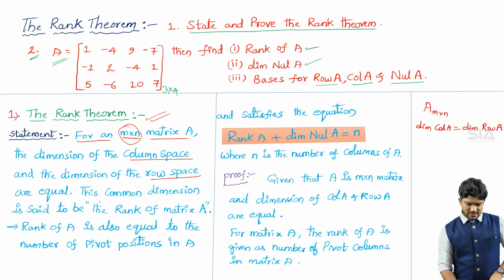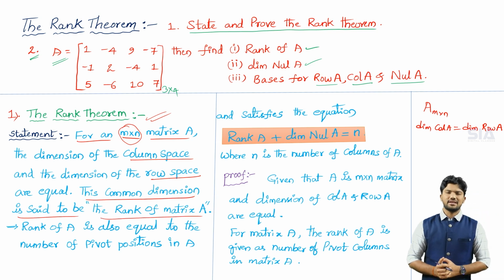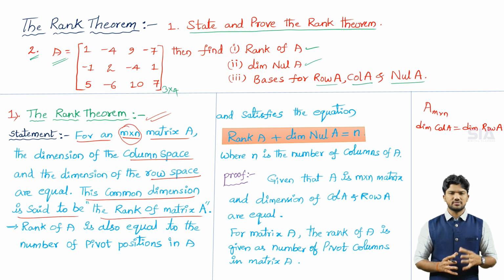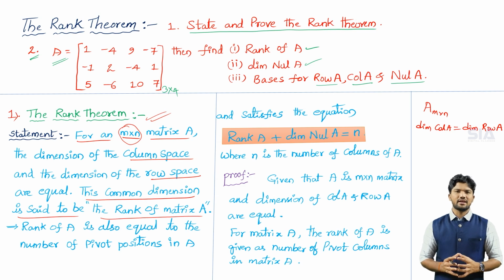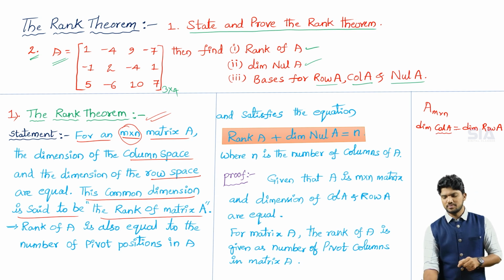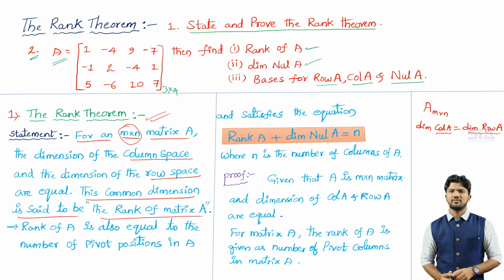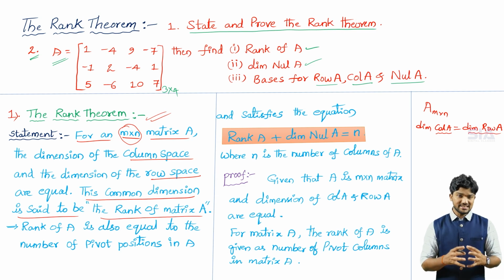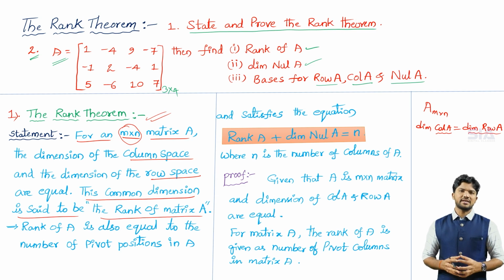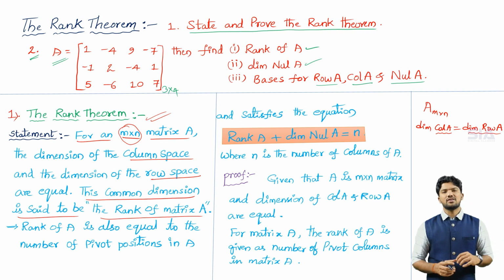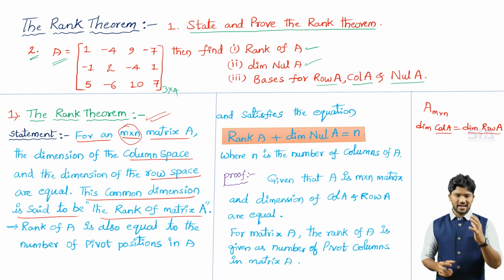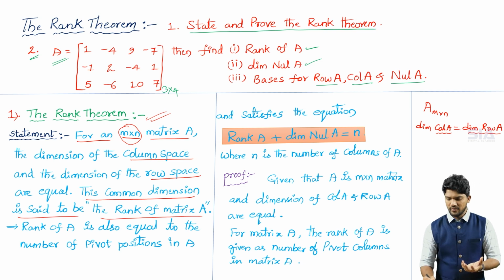This common dimension is said to be the rank of the matrix capital A. Whenever for a rectangular matrix capital A the dimension of the column space of A and the dimension of the row space of A are equal, this common dimension is said to be the rank of the matrix capital A. You know very well the column space of A definition and the row space of A definition.